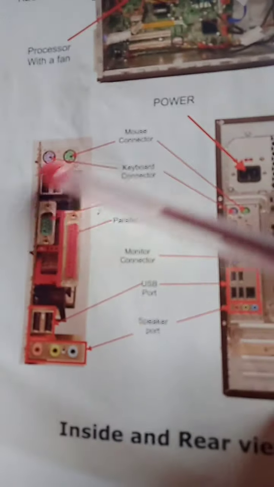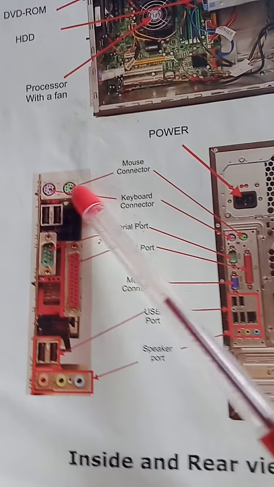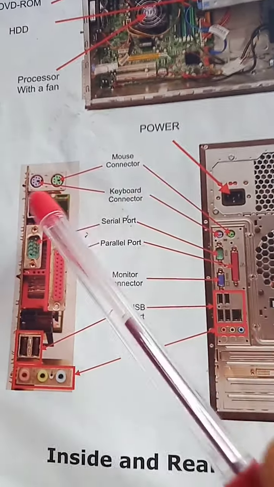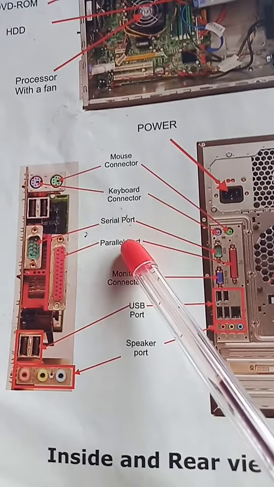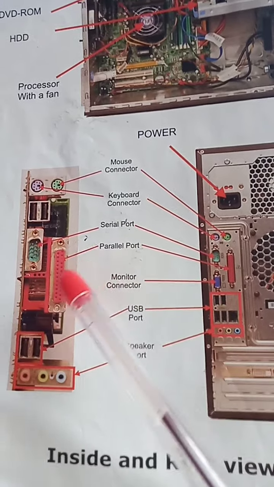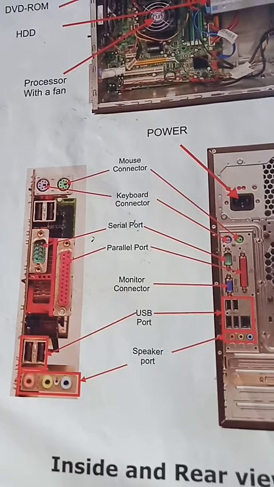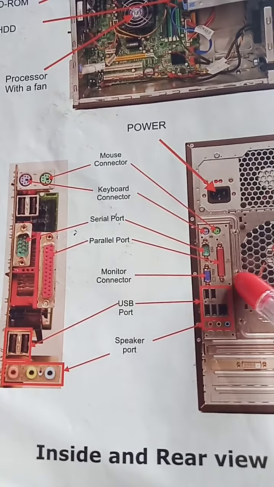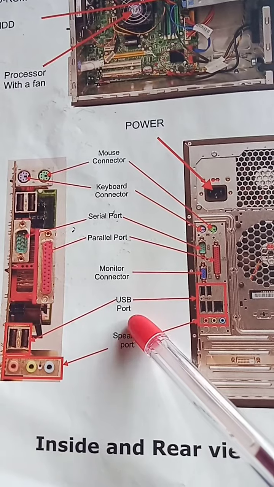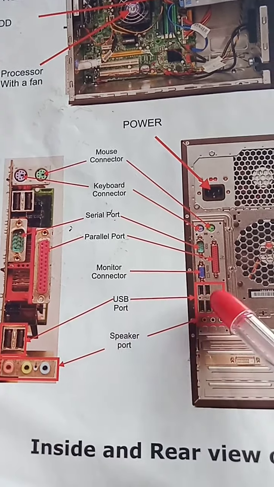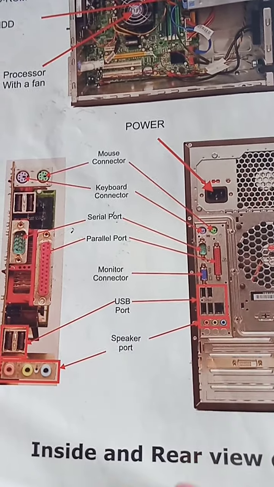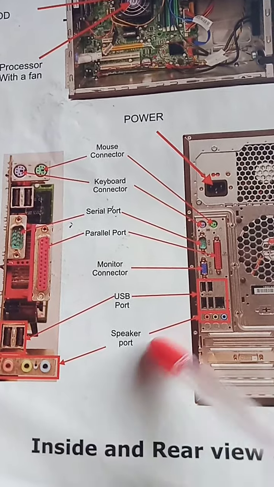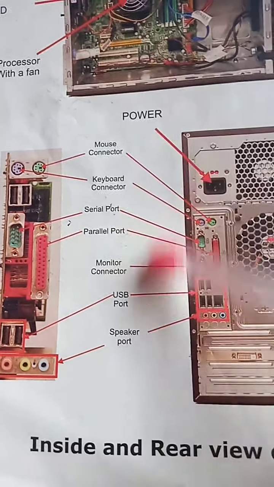See, these are the ports where you can see the green color to connect the mouse and keyboard, and the parallel port is used to connect the scanner or the printer, and the serial port for a modem. You can also connect the monitor. Here, USB means universal serial bus, where a USB cable is connected, and we can also connect the mouse, keyboard, and speaker port. These are the ports.